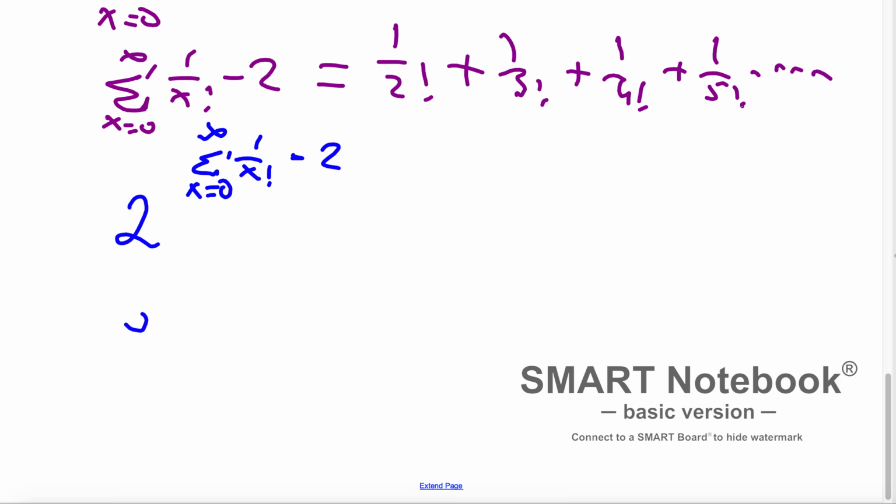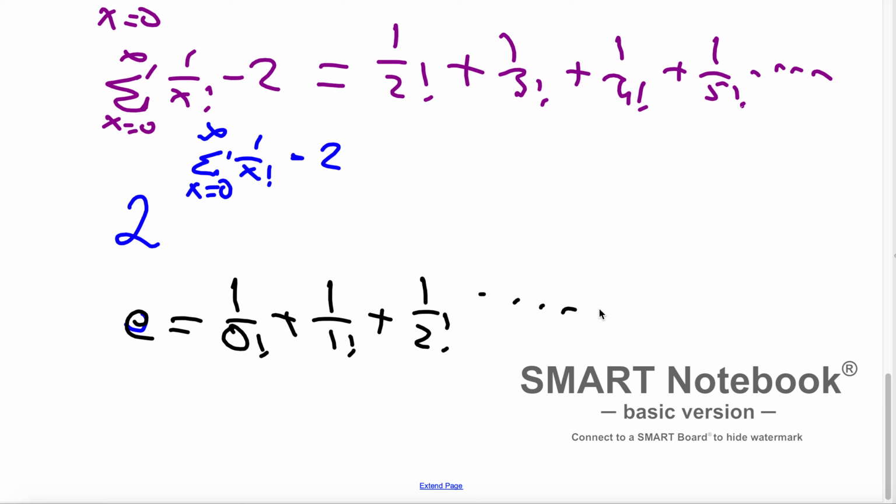Let me write in a different color. We already know e is equal to 1 over 0 factorial plus 1 over 1 factorial plus 1 over 2 factorial plus and so on, so this is equal to this series, the sigma x equal to 0 to infinity of 1 over x factorial.